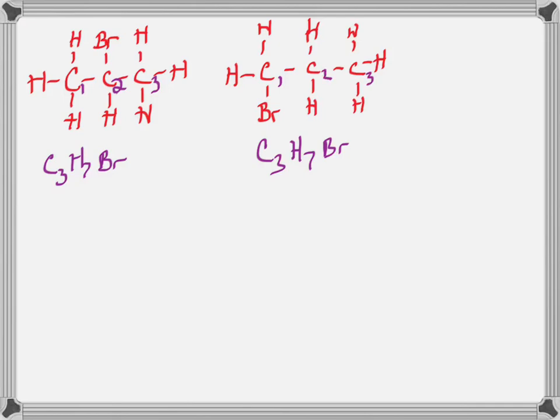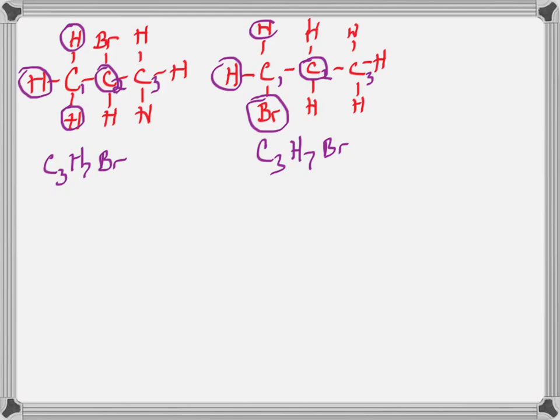If we look at the structure on the left, the first carbon is directly connected to this hydrogen, this hydrogen, this hydrogen, and carbon 2. In the second structure, we see that the first carbon is connected to this hydrogen, carbon 2, but a bromine as well. So notice the connectivity is not the same.